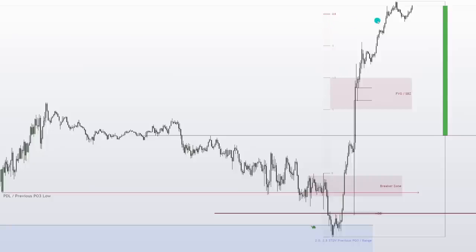So when you understand these dynamics, this power of 3, you can find different opportunities in the same candle, but you need to identify the framework, the present framework, and anticipate the next price move.